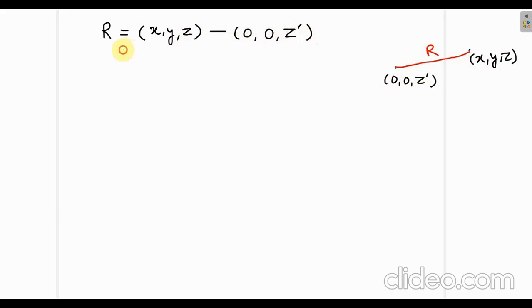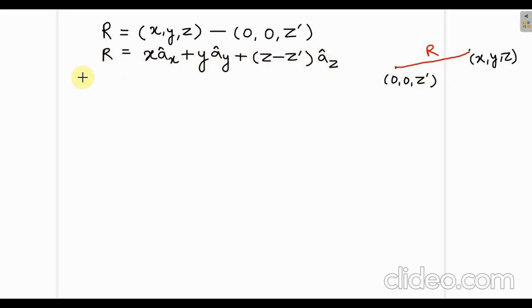So x minus 0 is x along ax, the unit vector; y minus 0 is y along ay; and z minus z dash along the z direction. So the r vector is x ax plus y ay plus (z minus z dash) az.